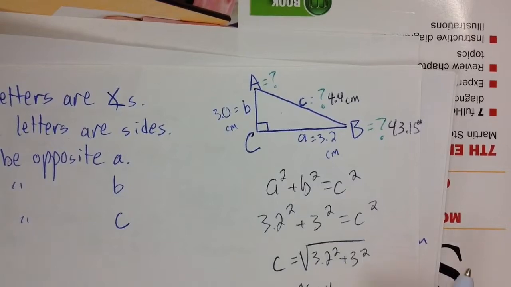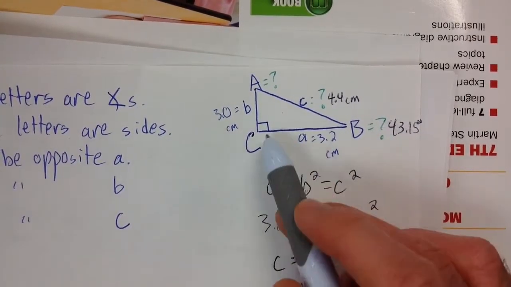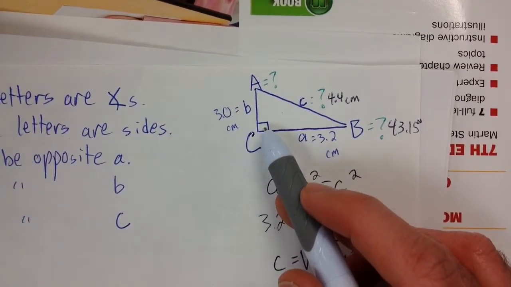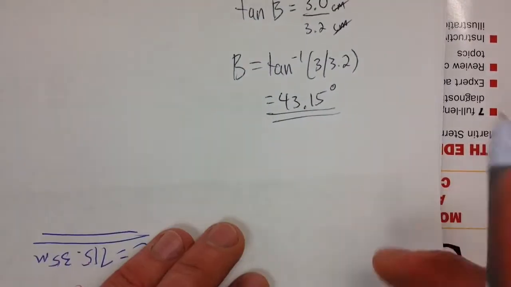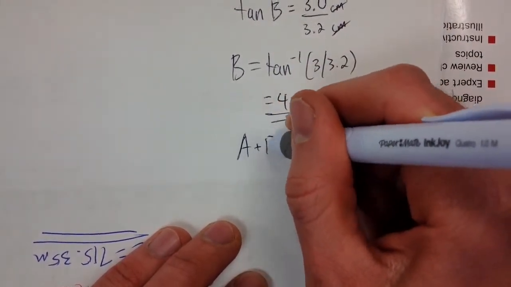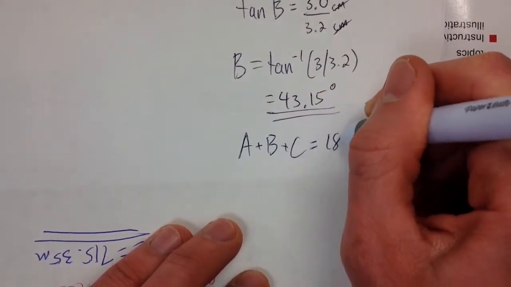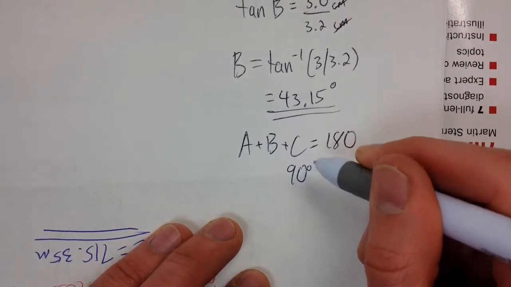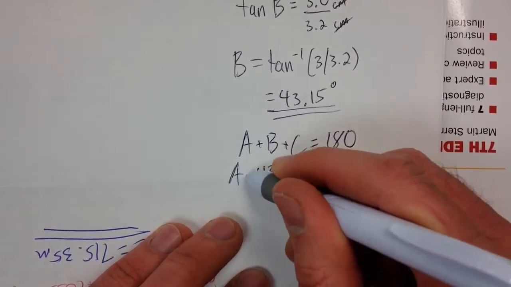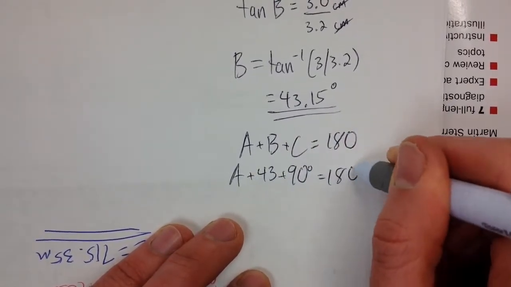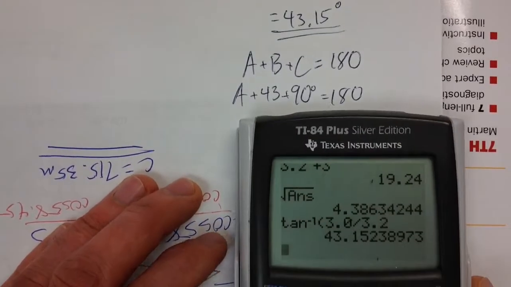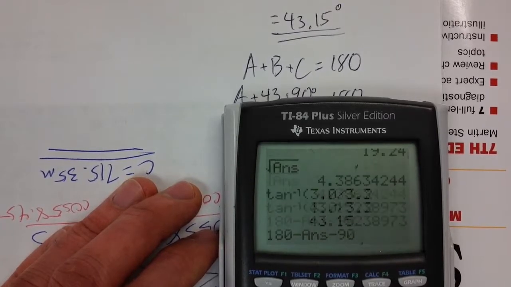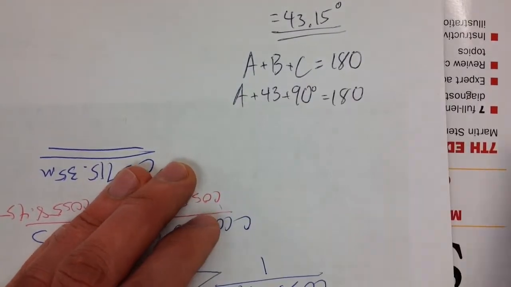So you can just do 180 minus 43.15 minus 90, or just take the complement of 43.15 since one of the angles is 90. And then you just solve. So 46.85.